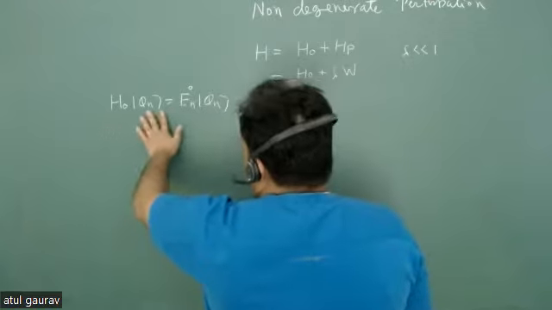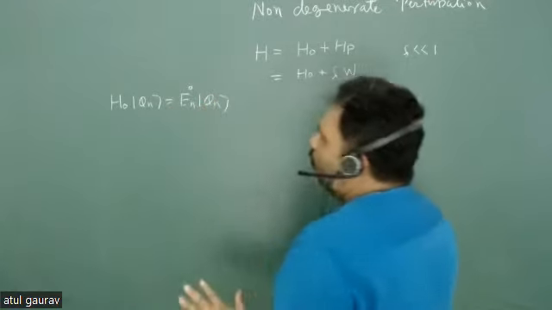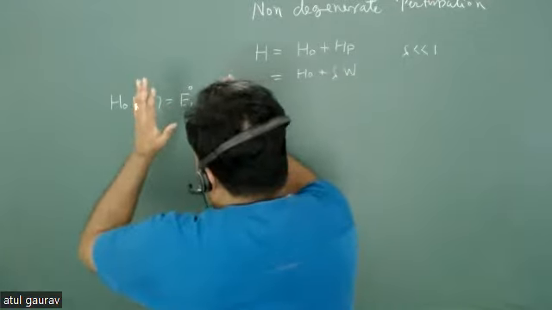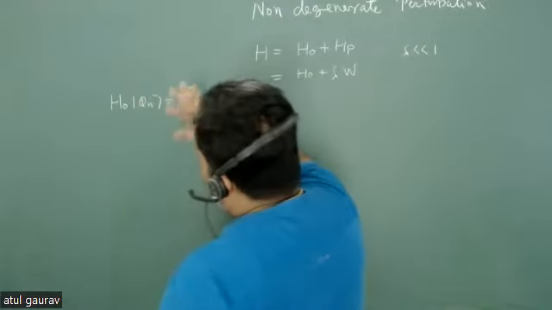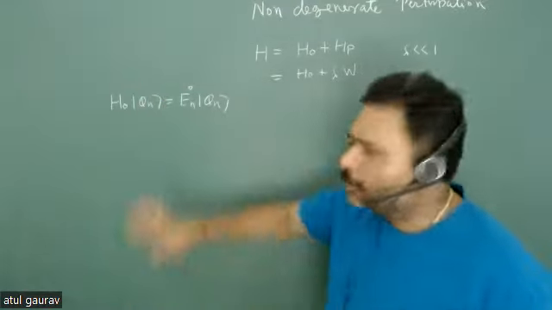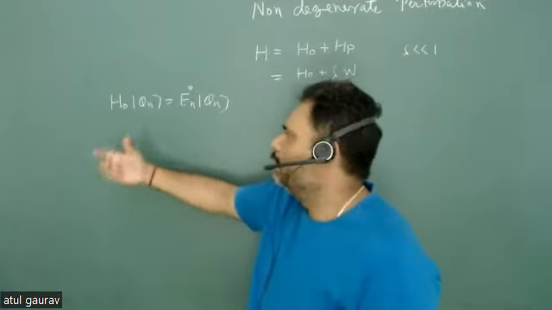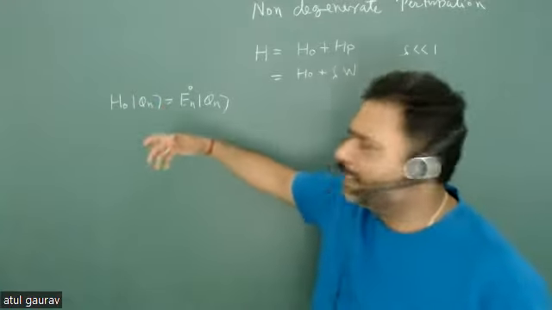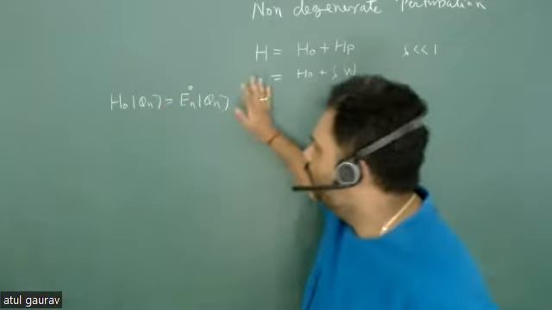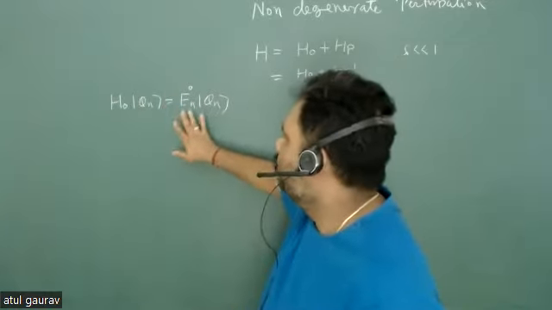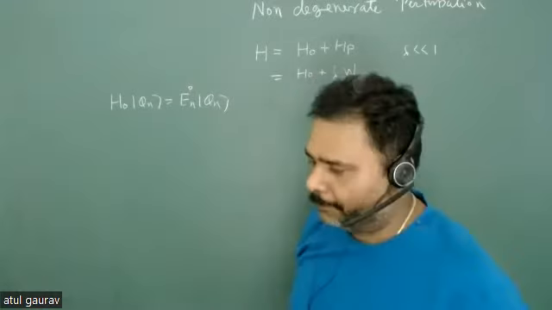So this is H0 phi n equals En0 phi n. So these are well-solved, well-defined Hamiltonians. You can solve it in a very nice manner by using the Schrodinger wave equation, and you can easily get what your En0 is and what your phi n is.